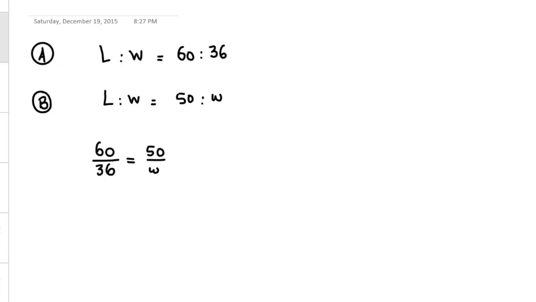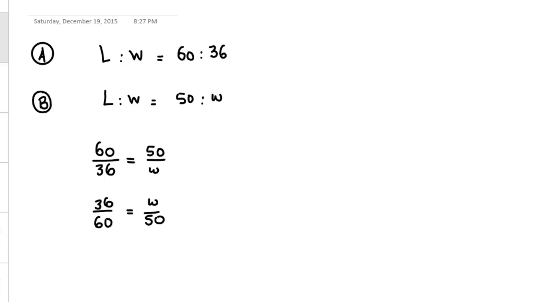Can I switch to make it easier for me, width to length instead of length to width? For sure, yes. So I can switch: exactly 36 over 60 equal W over 50. There is no change. Now, can I isolate W to have the value of it? Yes. How?